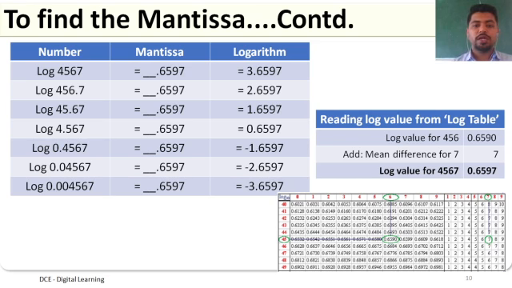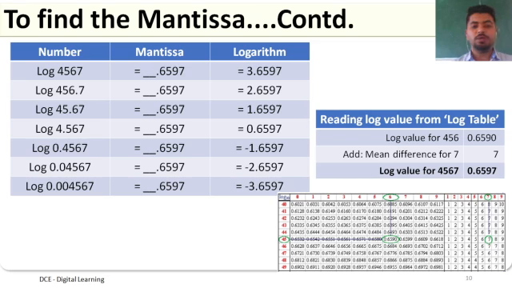So now the final log value, in case of 4567: here there are four integral digits. So the characteristic value will be 4 minus 1, 3, and the multiplier value is 0.6597. So the log value for 4567 is 3.6597. Similarly for the number 456.7, in the integral part there are three digits.